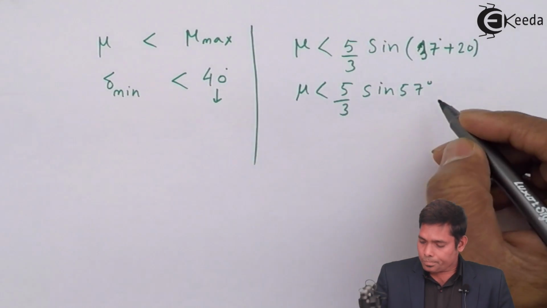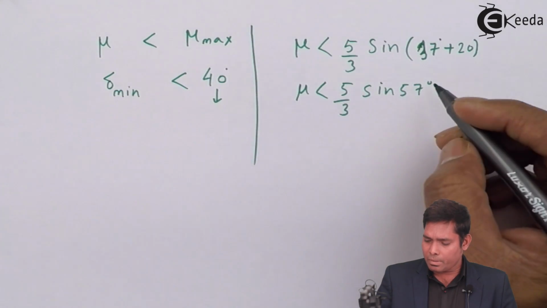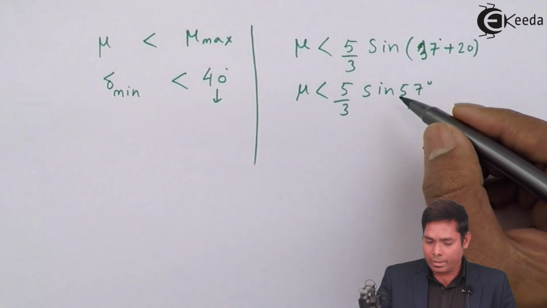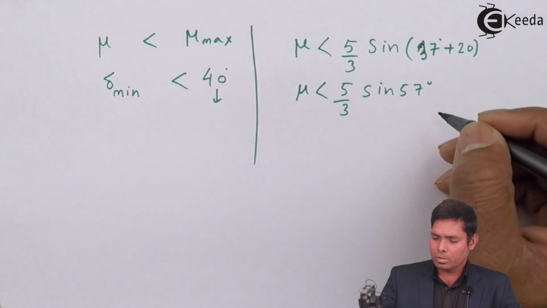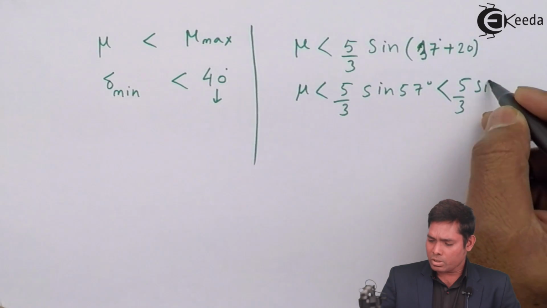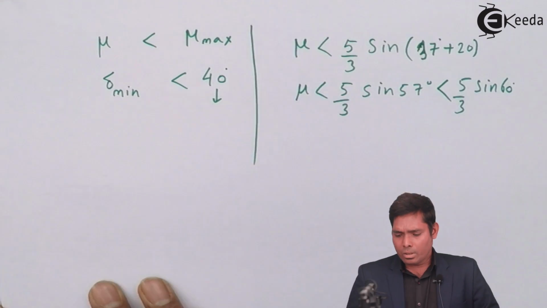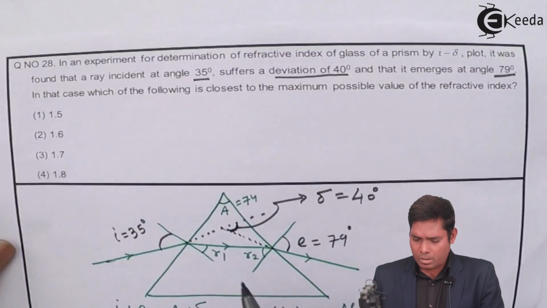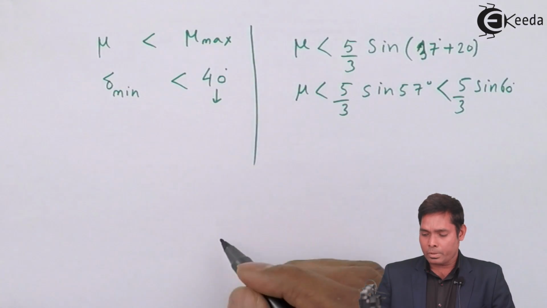Now mu is less than 5 by 3 sine of 57 degrees, which is obviously less than 5 by 3 sine of 60. In comparison, this will be less than that. In our options we have this number 1.5678, 1 point something.